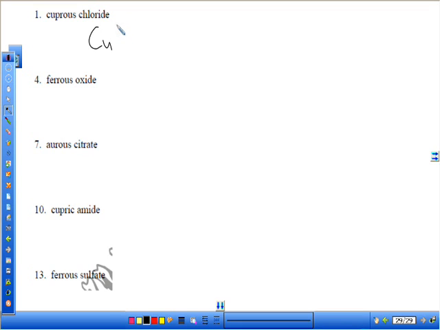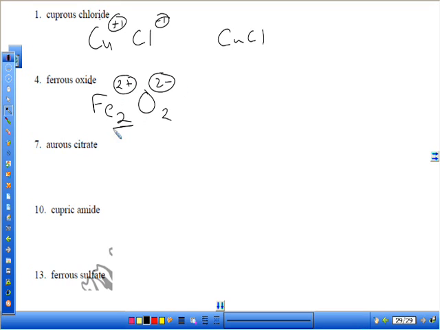Copper is +1 or +2, O be low, +1. Chloride, IDE, tells me it's Cl -1. At a 1-to-1 ratio, those neutralize out. Ferrous is iron. Iron can be +2 or +3. O be low, so it's going to be +2. Oxide, IDE, tells me it's oxygen. Crisscross those, and at a 1-to-1 ratio, the 2's cancel out.